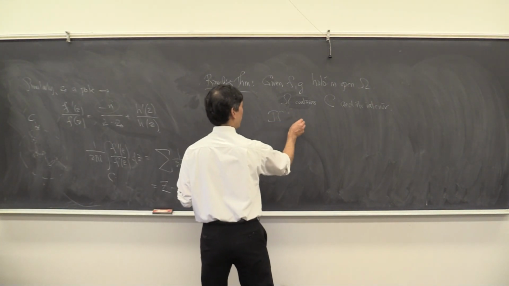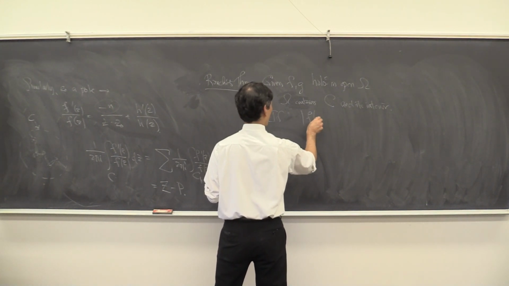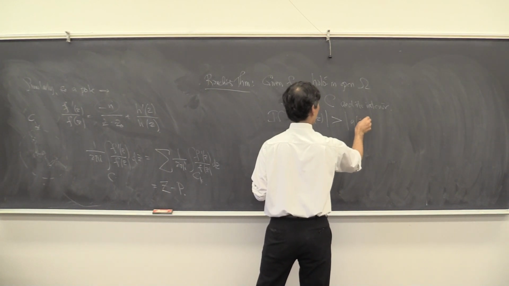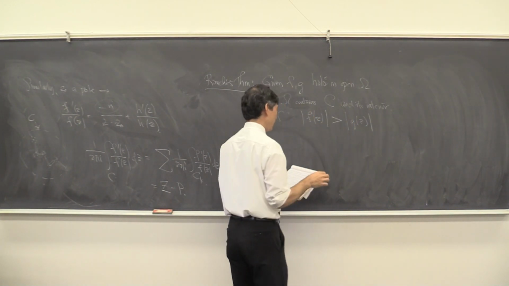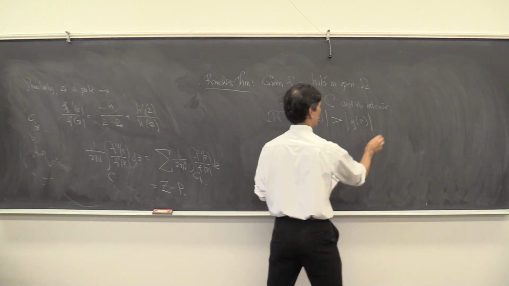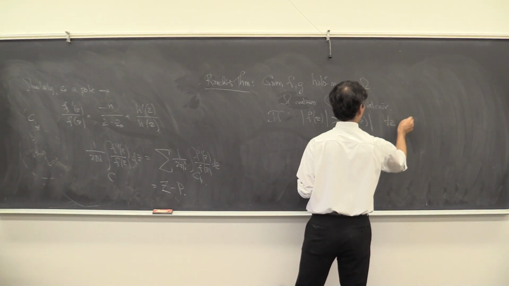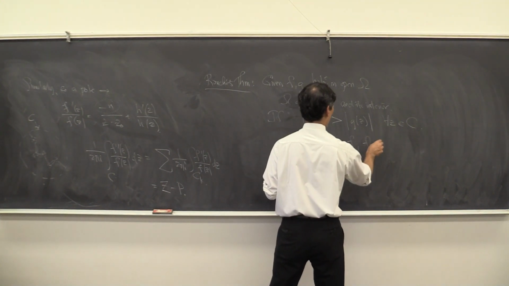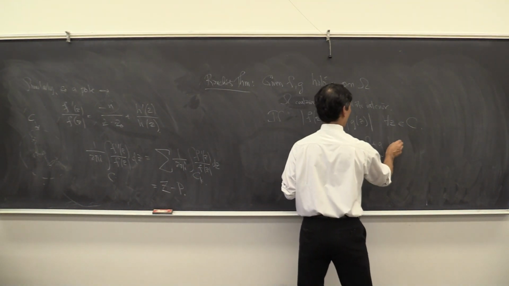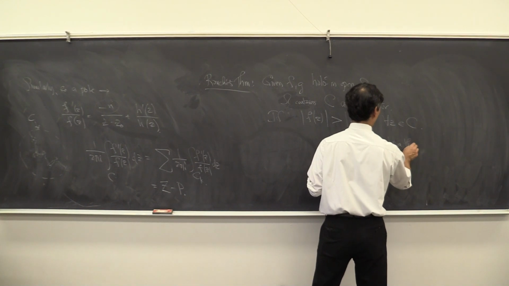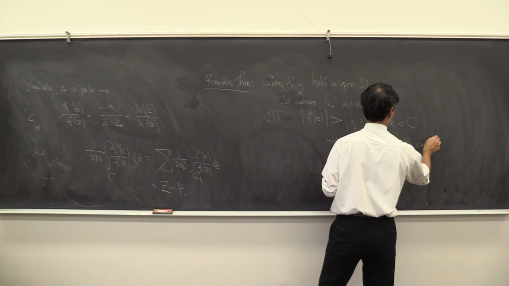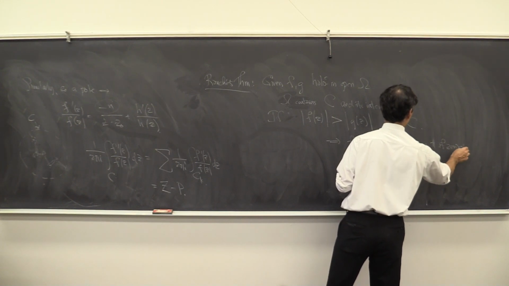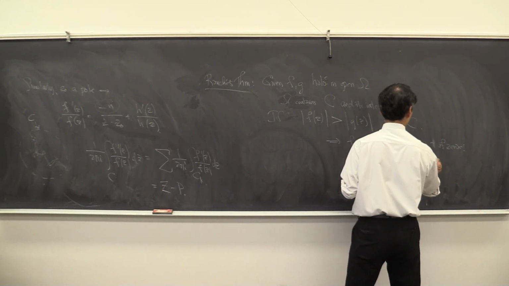If f is strictly bigger than g on that circle, then f and f plus g have the same number of zeros inside C.